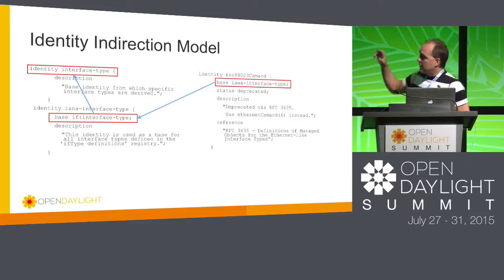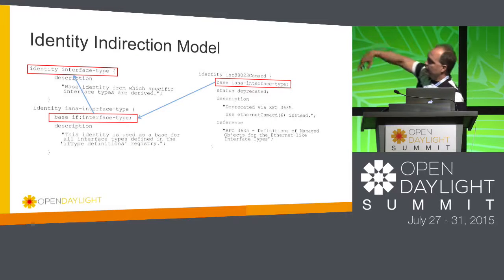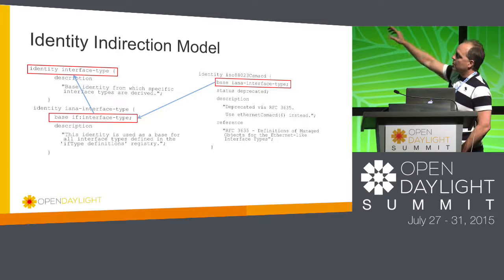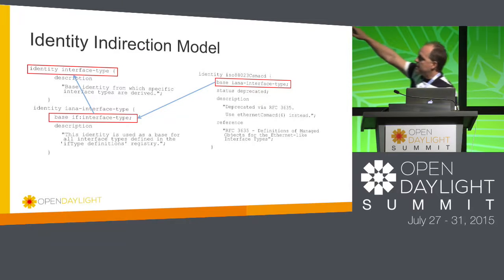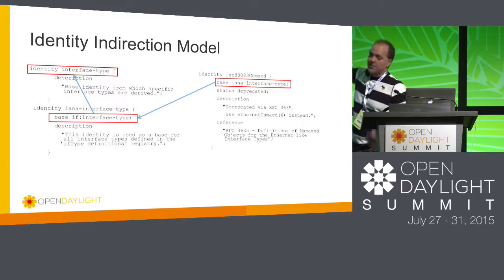This is what I call the identity inheritance model. If you look at these three identities, what do you see? You see a specific interface model, identity iso88023-csmacd, which is the identity of a specific interface, which uses as a base type the IANA interface type.